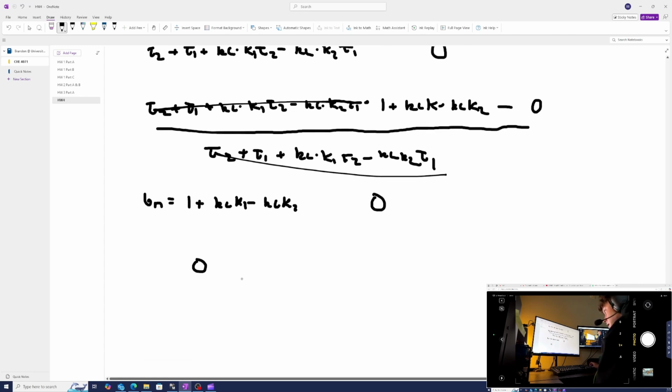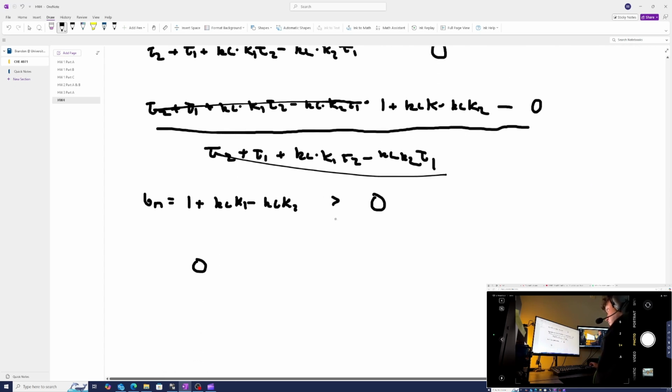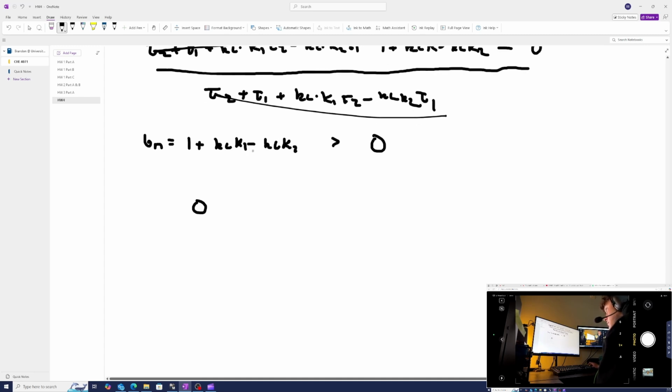So what we know is we need there to be no sign changes, so our Bn must be greater than 0, meaning all we have to do now is we can simplify this to 1 plus KC K1 minus K2, and we can move our 1 across to the other side.